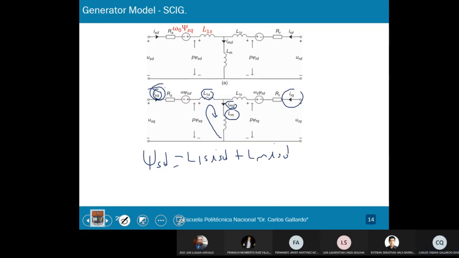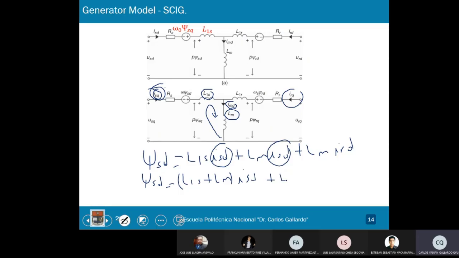So taking out the common factor, the stator current on the D axis, I will have the leakage inductance plus the magnetizing inductance times the stator current on the D axis, plus the magnetizing inductance times the rotor current on the D axis.